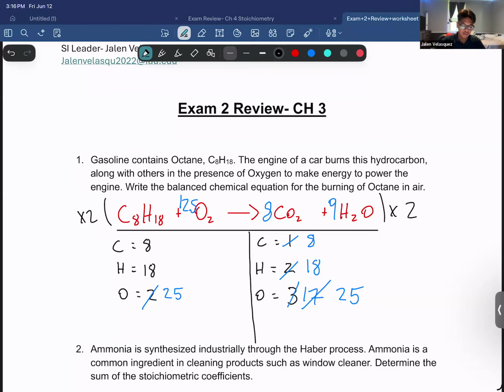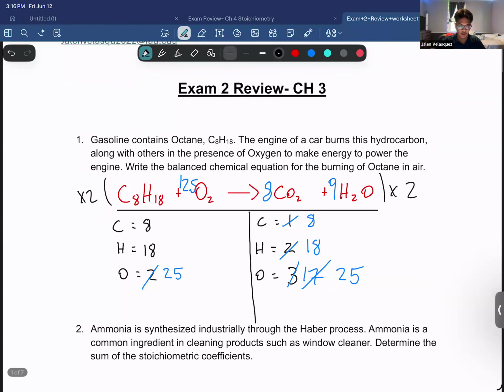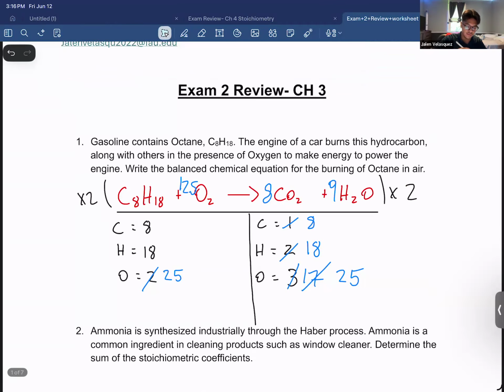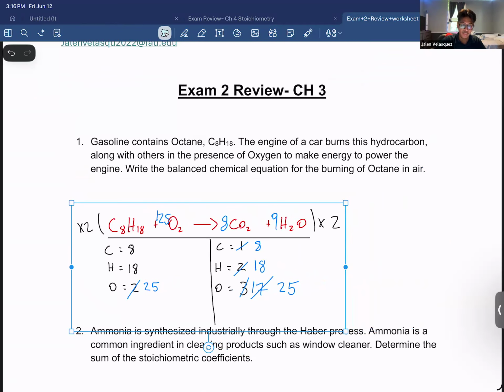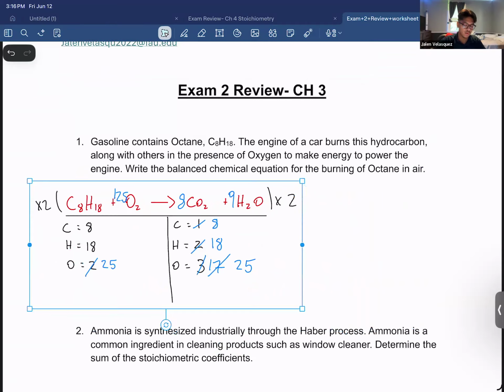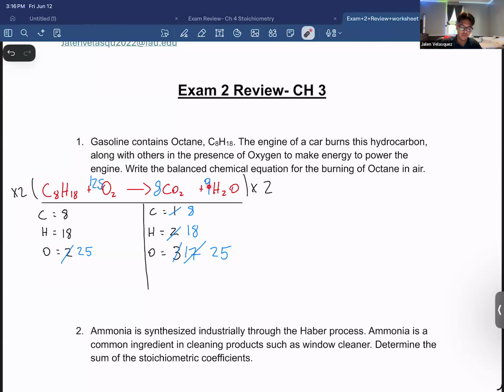Now, I'm going to move this aside. The whole purpose of multiplying by 2 is to get rid of that decimal. Our coefficients, the numbers in front of these chemical species, must always be whole numbers. That's why this 12.5 is no good.